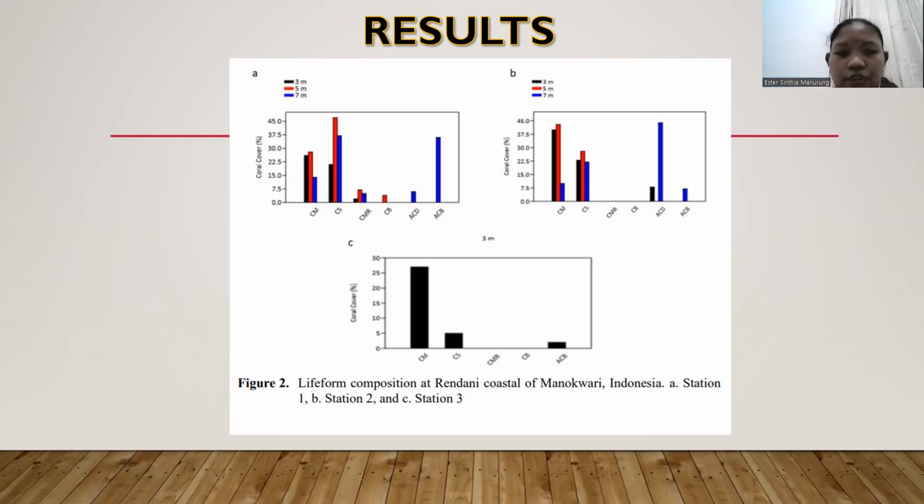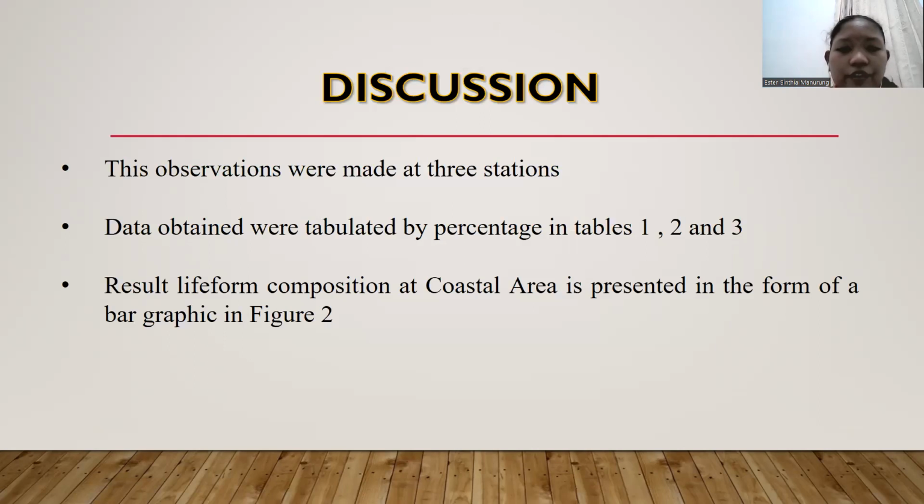Thus, I can conclude that the variation of corals in the Rendani waters was low, indicated by the occurrence of all coral life forms. The highest coral variation was observed at 7 meter depth with 5 life forms, and the lowest was at 3 meter depth with 3 life forms.